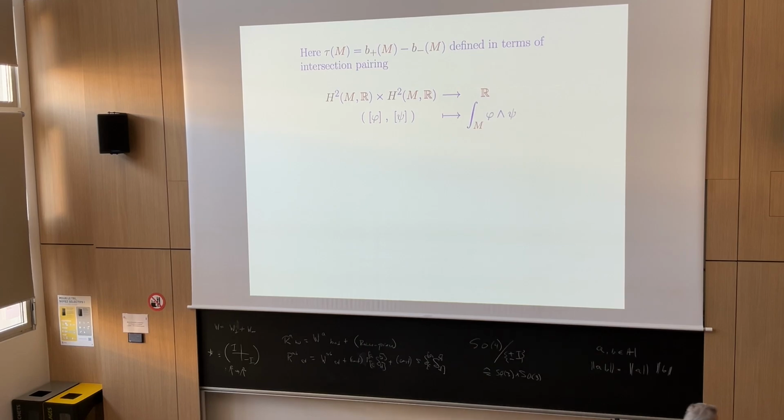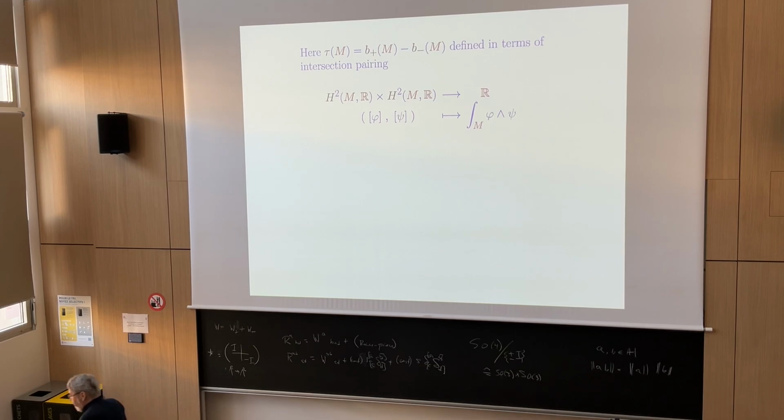of the four-manifold. If we do it in terms of de Rham cohomology, then there is a pairing given two de Rham classes of closed two forms, phi and psi. What you can do is wedge the two forms together and integrate, and then it's a consequence of Stokes' theorem that the answer only depends on the original de Rham classes. If you change phi or psi by adding on an exact form, it doesn't change the integral.